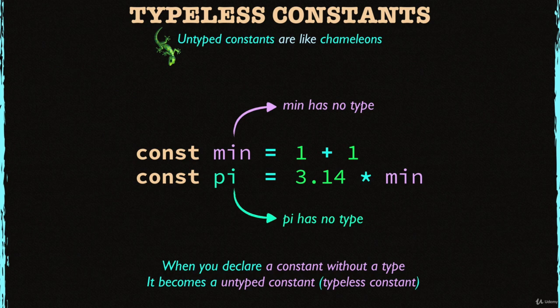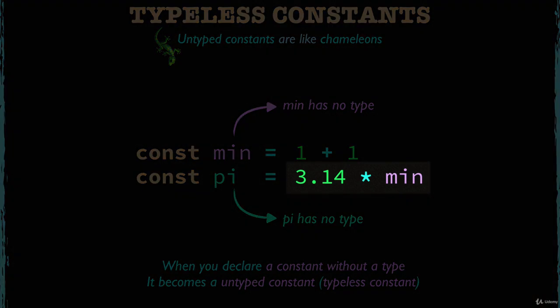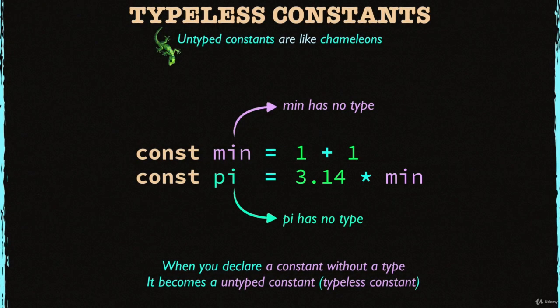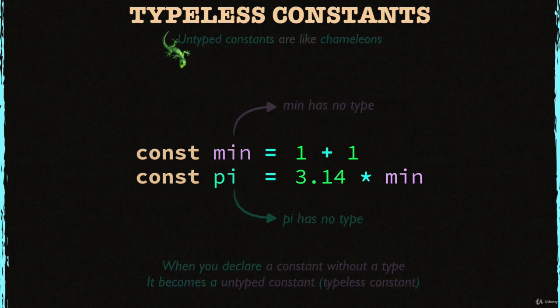They live outside of the strong type system of Go. That's why I can multiply these two constants, because they don't have a type yet. When you use them in an expression that requires a type, then Go will assign a type to them. Until that moment, they will stay typeless. You'll see an example about that soon.